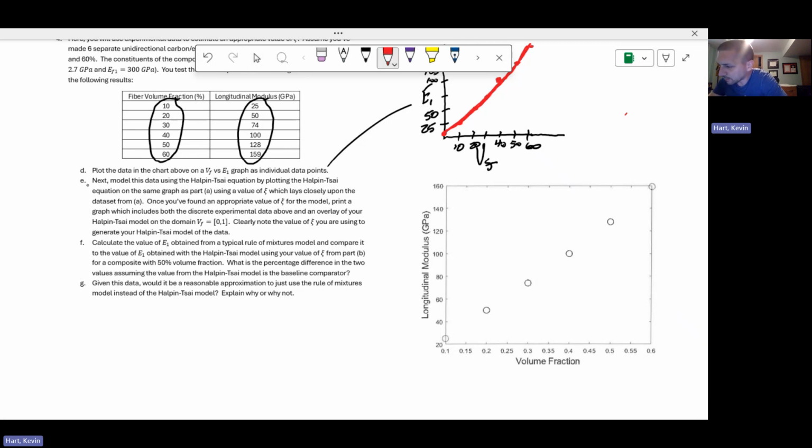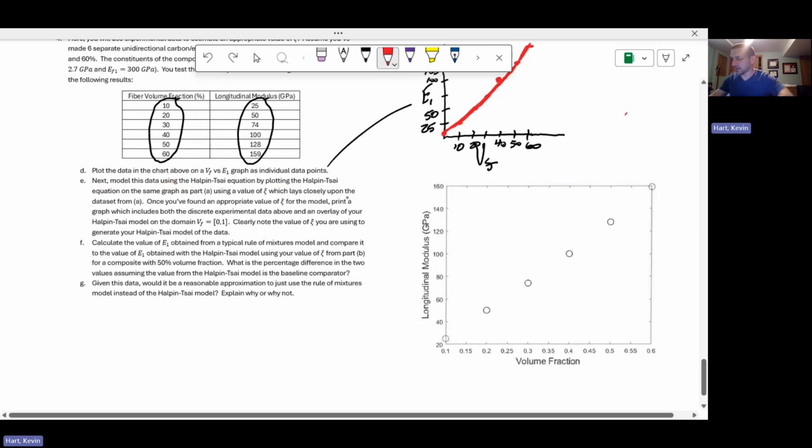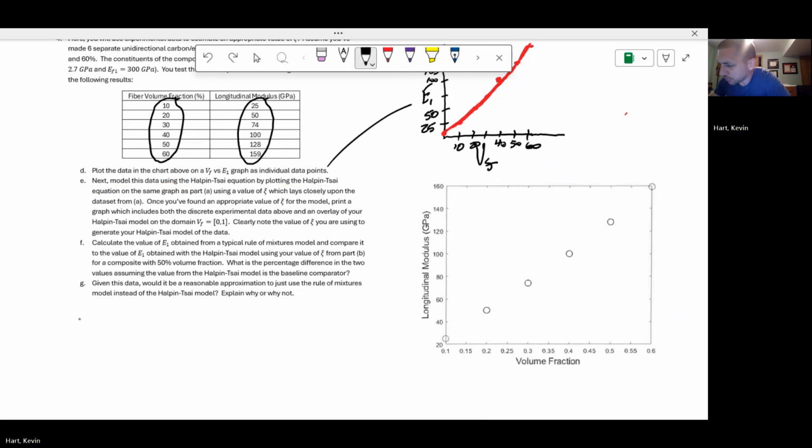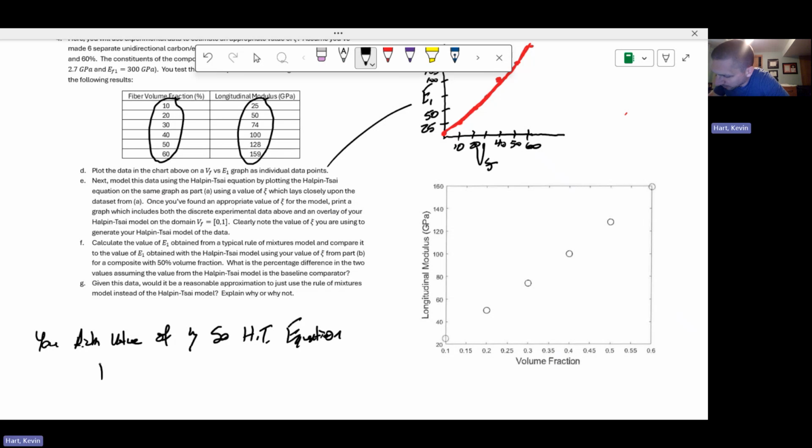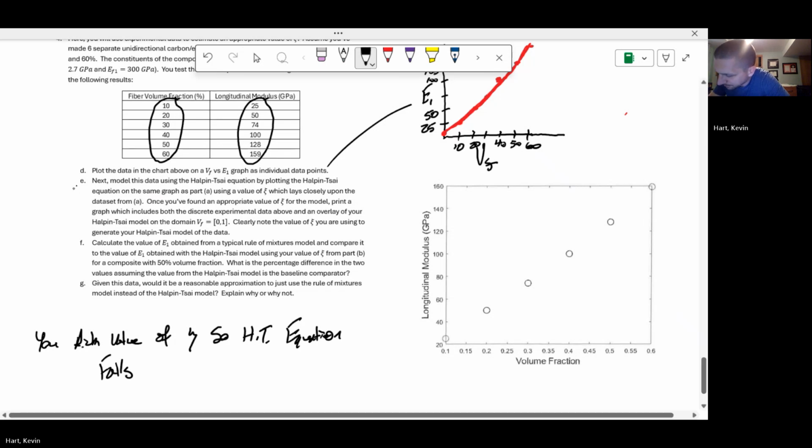Next, we want to model this data using the Halpin-Tsai equation by plotting it on the same graph using a value of xi which lays closely upon the data set. So you pick a value of xi so that the Halpin-Tsai equation falls closely on the points.